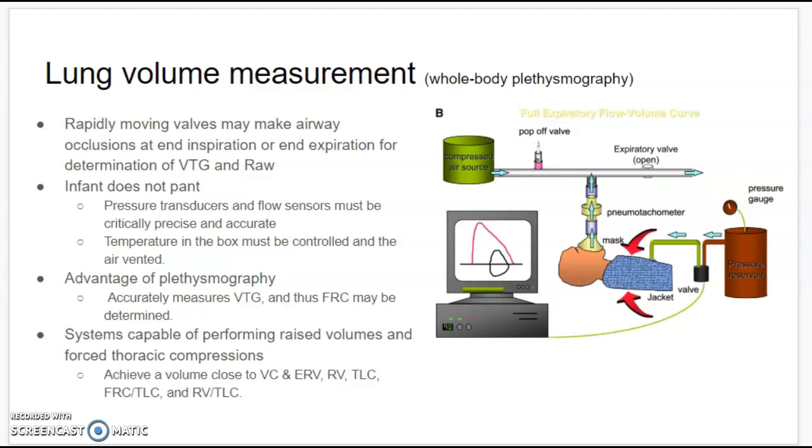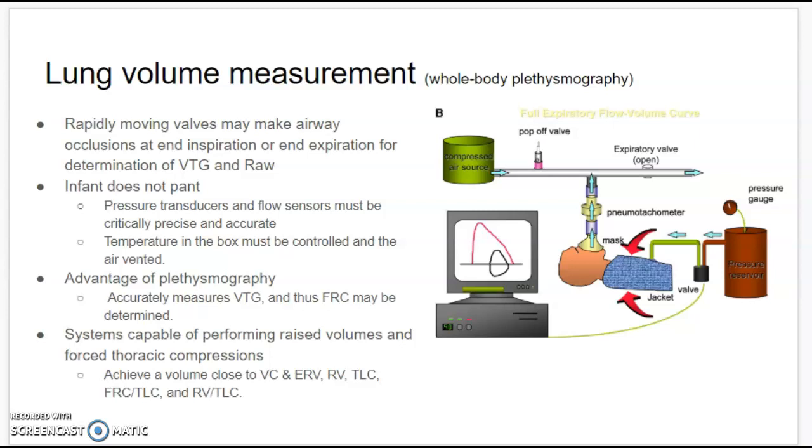The advantages of plethysmography is that it gets an accurate measurement of the VTG, which we can then determine the FRC. So that is all passive. Another thing that some plethysmographs can do, not all, is if they can do a raised volume forced thoracic compression.